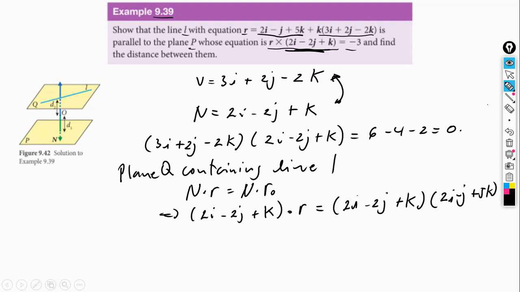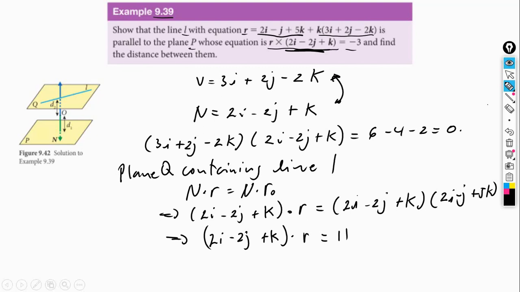So here we're going to get the equation for plane Q that contains line L. And it's going to be 2i minus 2j plus k dot product R is equal to 11.